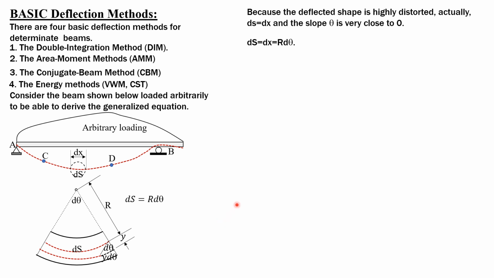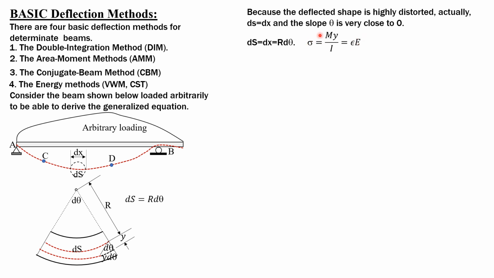From strength of materials, we learned that normal stress, or sigma, is equal to My over I from the flexure formula, and this is proportional to strain, and the constant of proportionality is the modulus of elasticity.